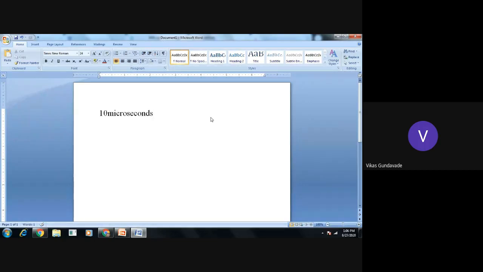If we want to provide this delay of 10 microseconds, the first necessary thing is that we need to calculate the number of counts which we need to load into that specific TH and TL register. Okay. So for that purpose, we first require the oscillator frequency, right?